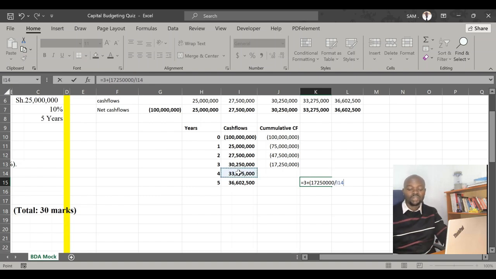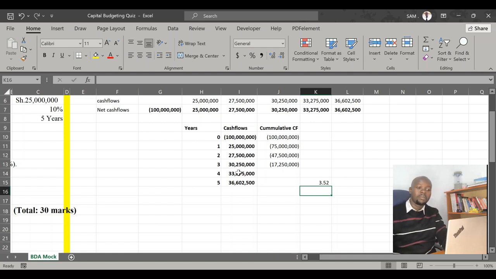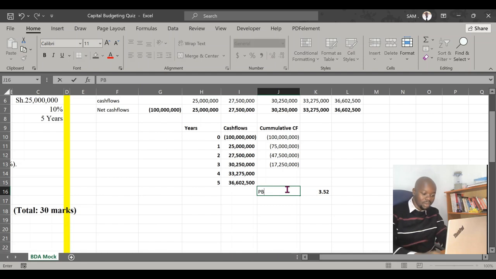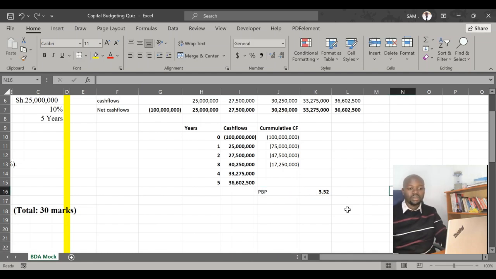We're just going to get a fraction. So up to that point, my payback period will be 3.52. Yeah, so that is the payback period in that question. 3.52. I believe we are together.